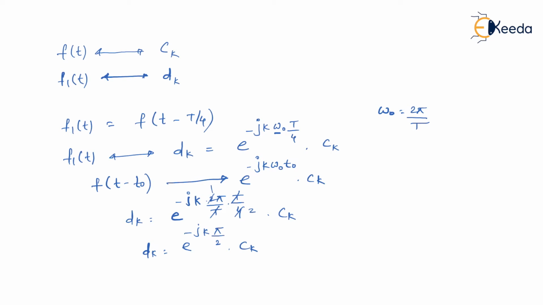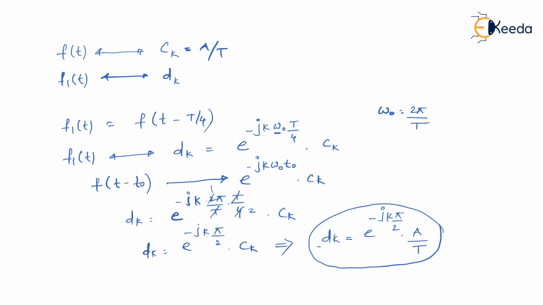Please remember, ck is nothing but the Fourier series coefficient for f of t, and it was A by T itself. Is that right? So let me substitute now. Finally, dk is equal to e to the power minus j k pi by 2 times A by T. So this becomes the final answer for the Fourier series coefficient for the given figure.